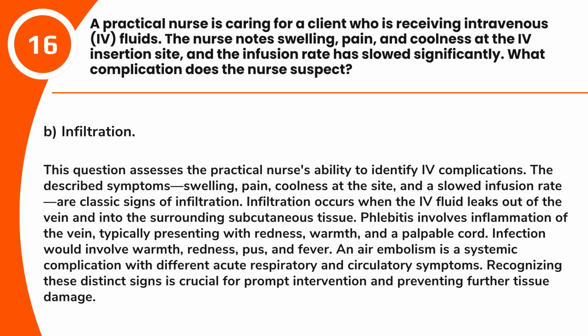Phlebitis involves inflammation of the vein, typically presenting with redness, warmth, and a palpable cord. Infection would involve warmth, redness, pus, and fever. An air embolism is a systemic complication with different acute respiratory and circulatory symptoms. Recognizing these distinct signs is crucial for prompt intervention and preventing further tissue damage.